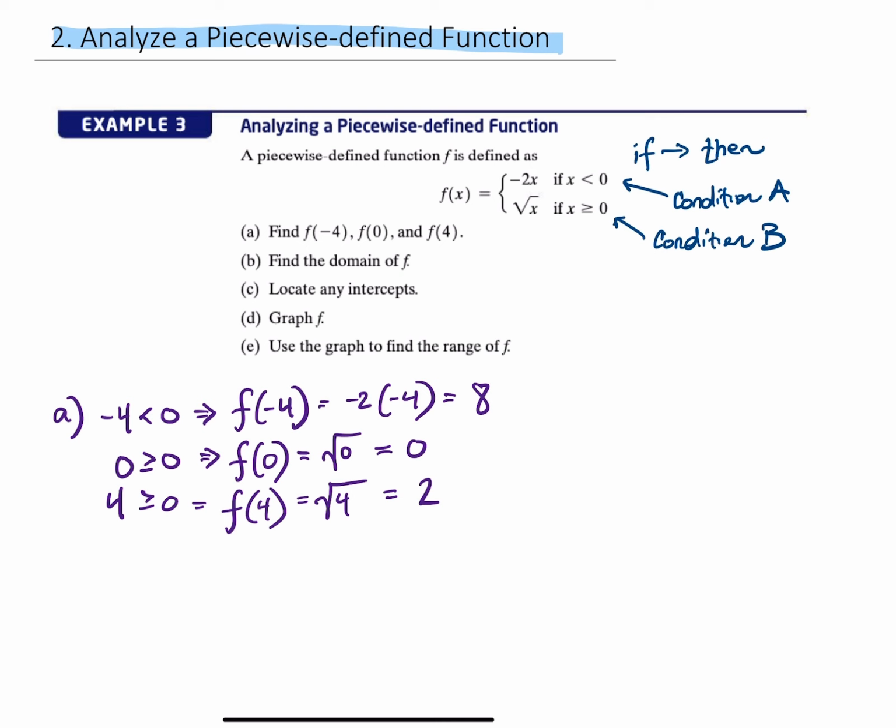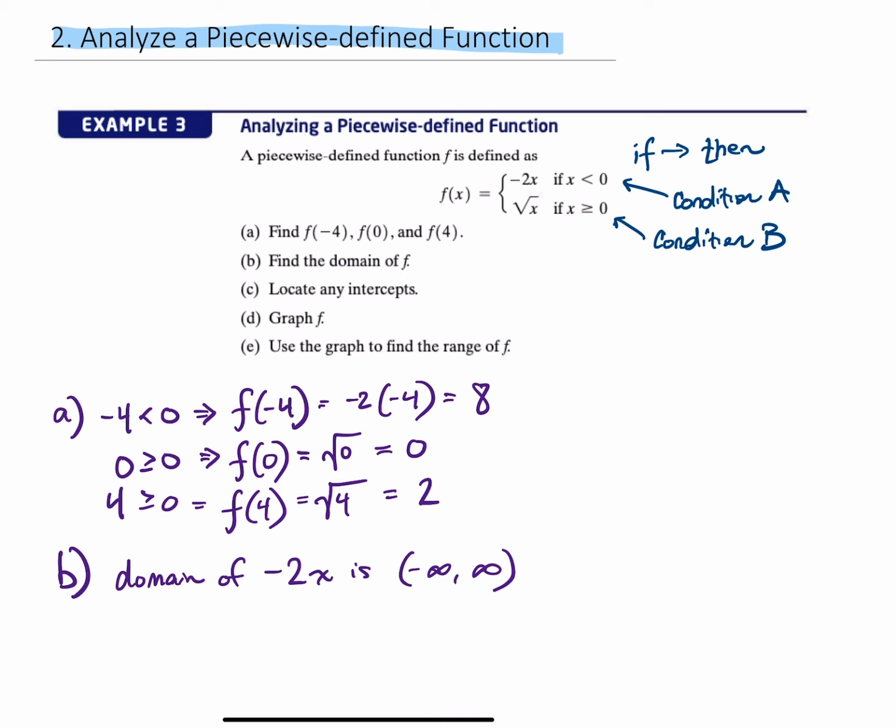So how about the domain? Well, we can think about what the domain of each of these would be. The domain of negative 2x is negative infinity to positive infinity. Anything can be plugged into that.